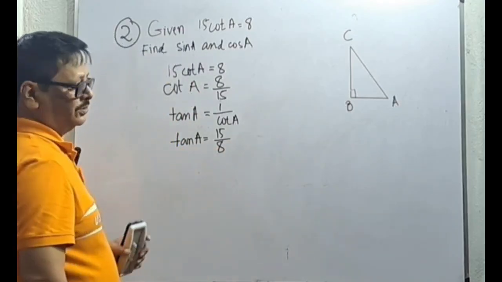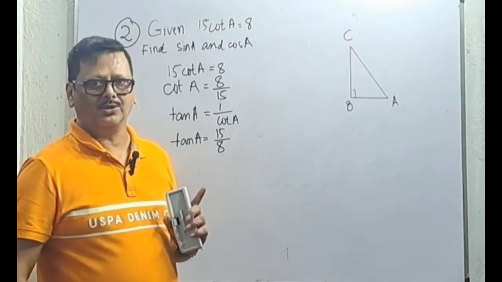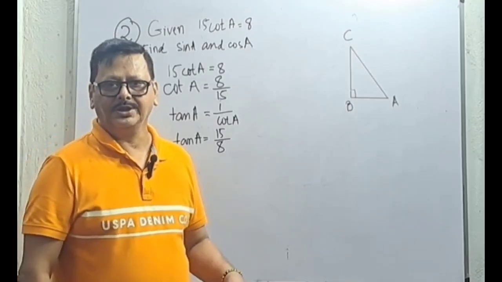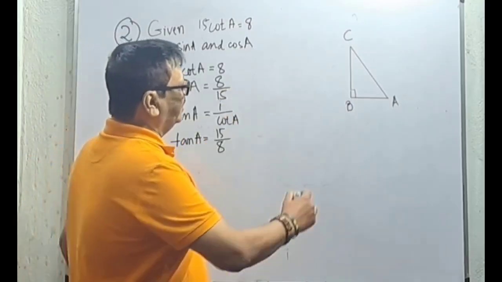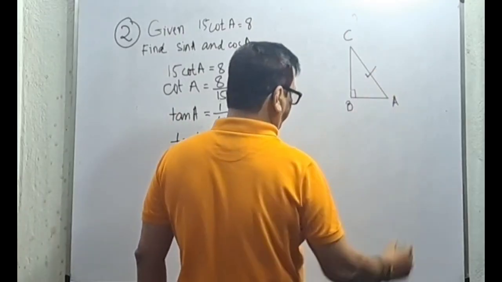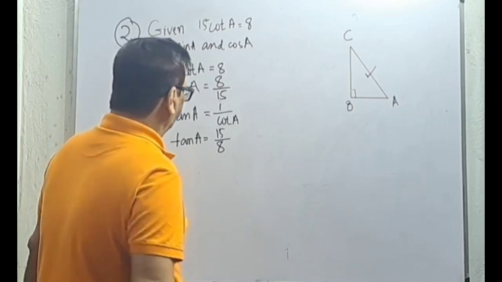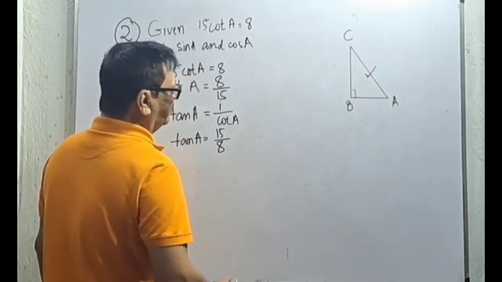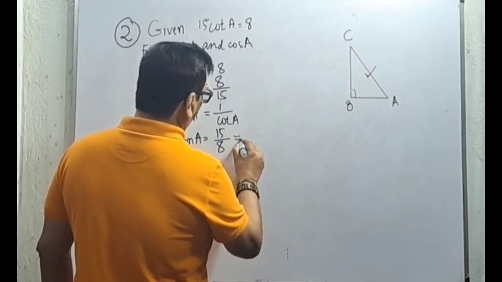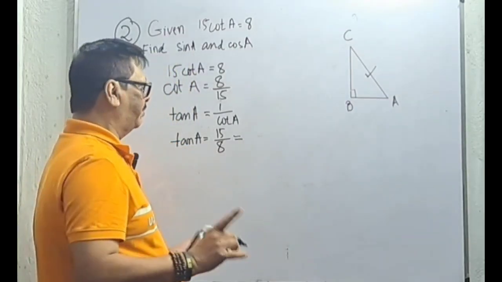Right? Since we want to find out sin A and cos A, that involves the hypotenuse. So we need to find out AC. So before doing that, let us see where we stand.